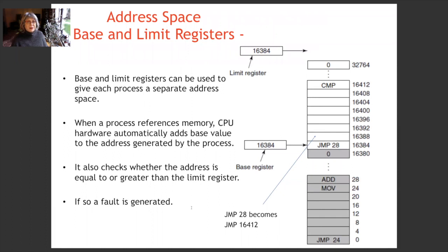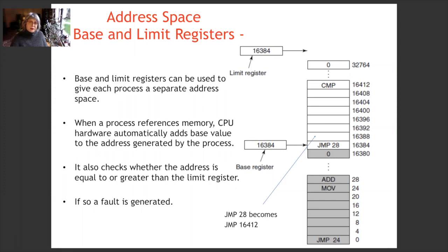Now let's consider the address space, base, and limit registers. The base register shows where the first instruction of the program is loaded in the memory, so the start address of the program.